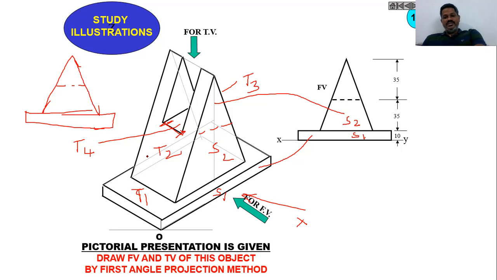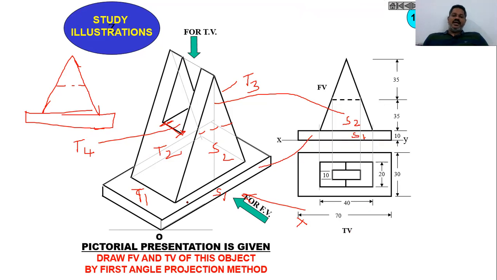So now let me take the top view for this, and you project all these lines here. As I said, this is our top, T1, and similarly this is our T2. On the other side we have one more face, this is our T3.